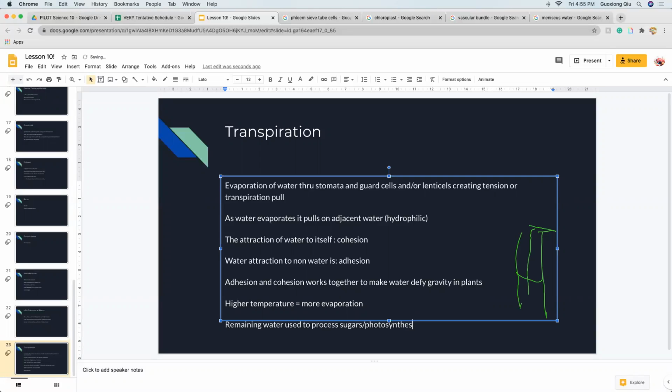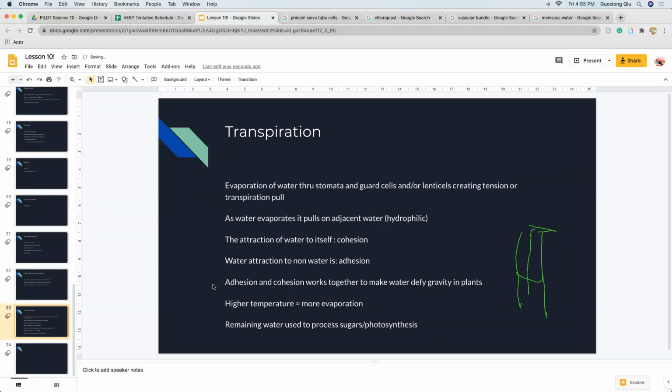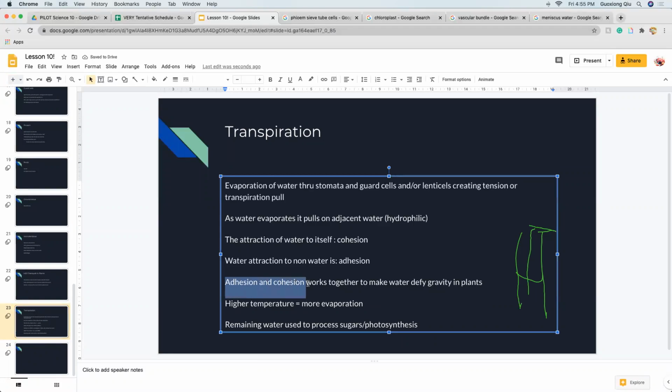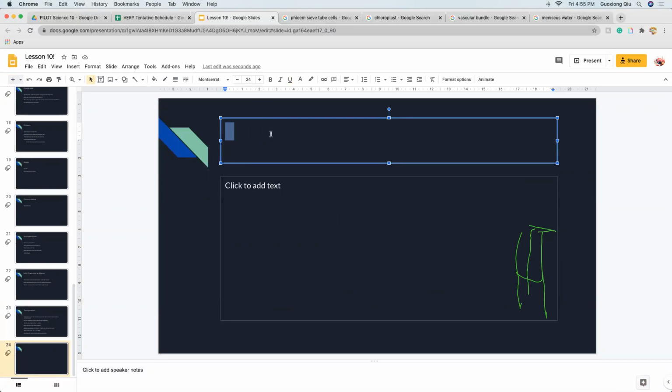If you remember the photosynthesis formula, it uses water. I would recommend knowing the definitions of adhesion and cohesion, where one is the attraction of water to itself, and the other is attraction of water to certain non-water stuff. Water is not attracted to everything that is non-water.